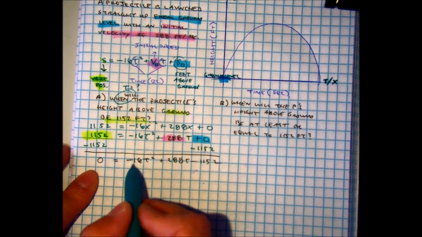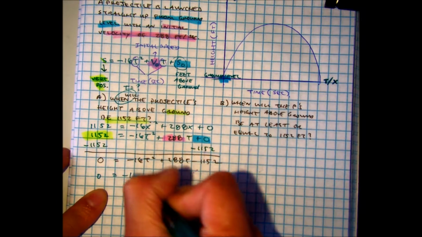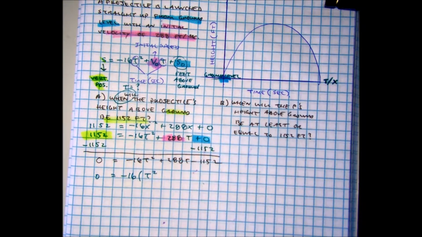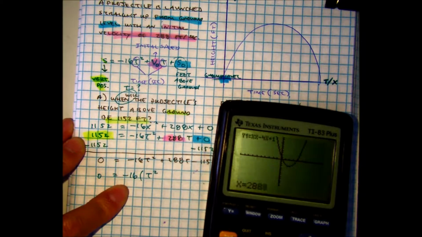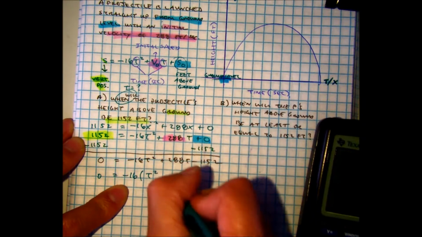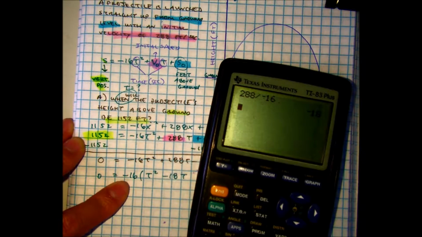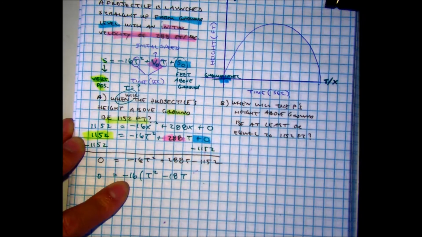I have a negative 16 here, so I'm going to take that as my greatest common factor and hope it's factorable. So I can put in my calculator 288 divided by negative 16. I get negative 18t, and then negative 1152 divided by negative 16. And I get 72.